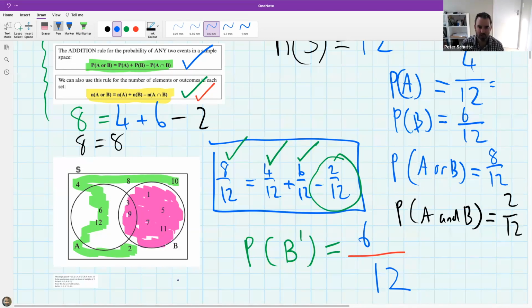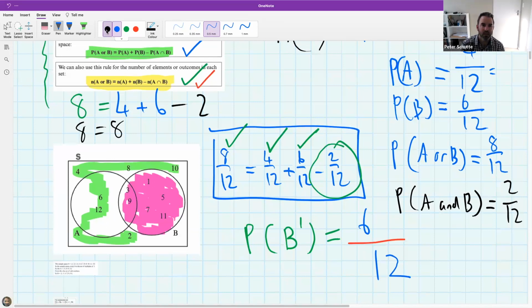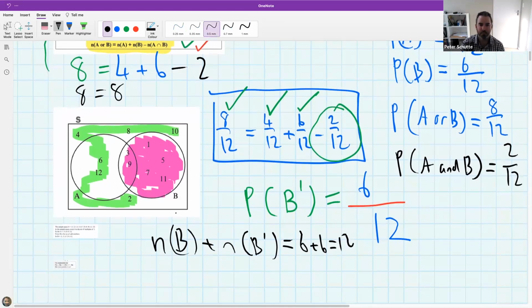And if you think of B and B dash, these are complementary sets, and they will add up. Let me do it like this. The n of B plus the n of B dash will equal just 6 plus 6, which is 12. And then the probability of being in B is just going to be 6 over 12.